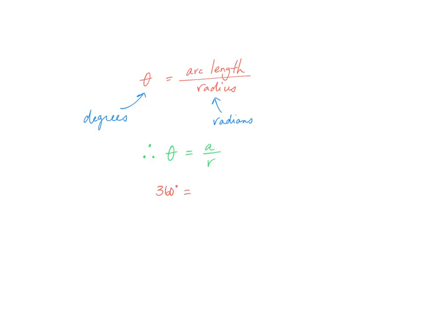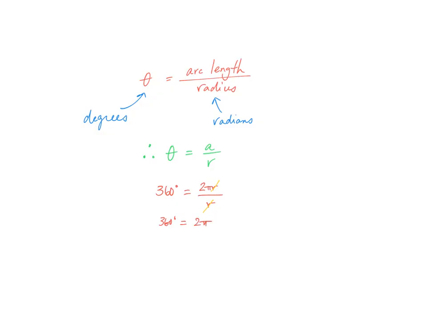Well, as an arc length, I know that if I rotate a full 360, then I have a full circumference. And so my circumference is 2 pi r. If that's compared to the radius, then I can see that my radii will divide out. I then get 360 is equal to 2 pi.